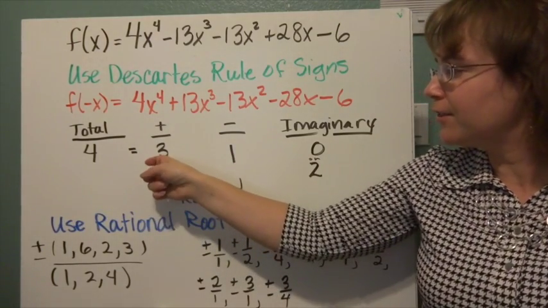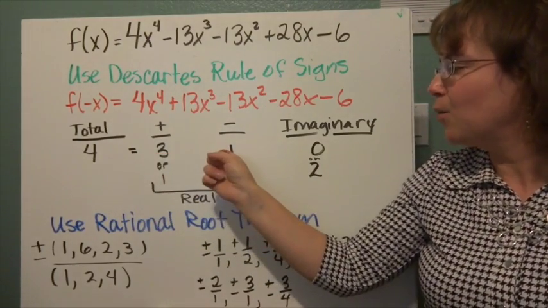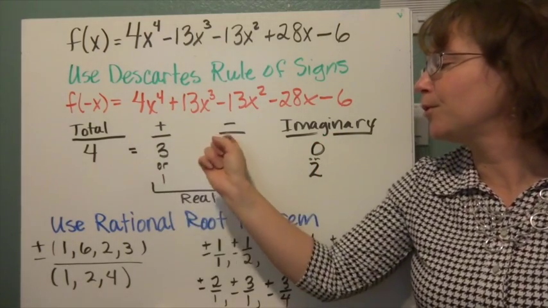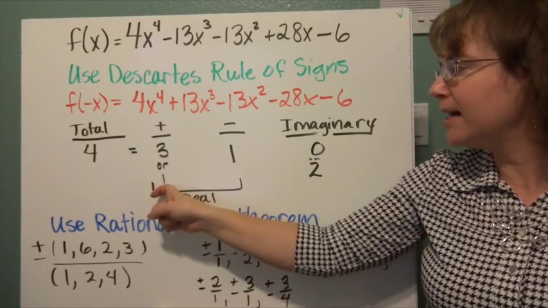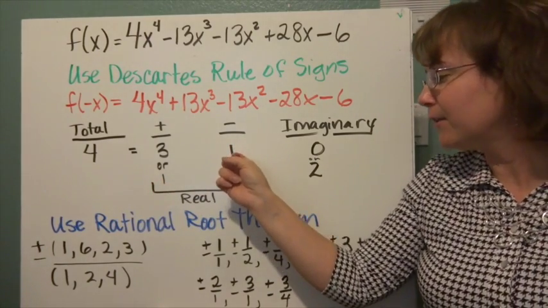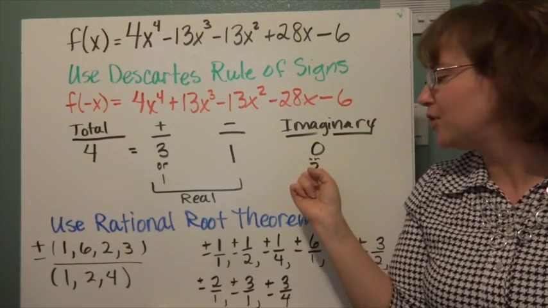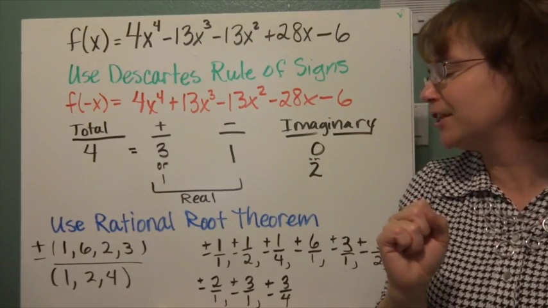So here I've got 3. If I have 3 positive and 1 negative, I know I'm going to have 0 imaginary because that gives me my 4 total. However, if I have 1 positive real and 1 negative real, I only have 2, and I need to account for that in my imaginary. So it's possible I could have 2 imaginary.